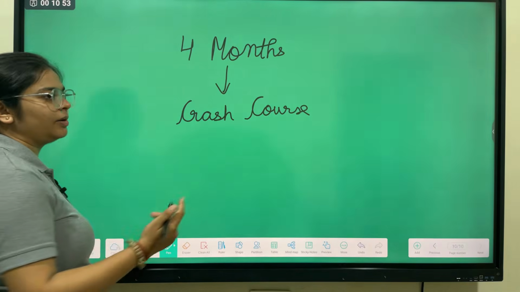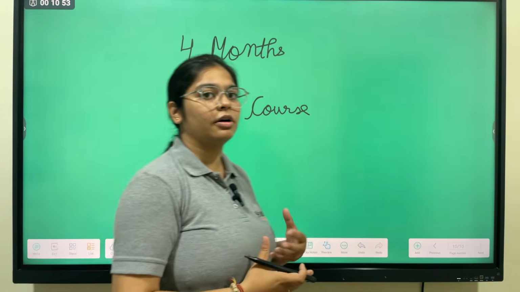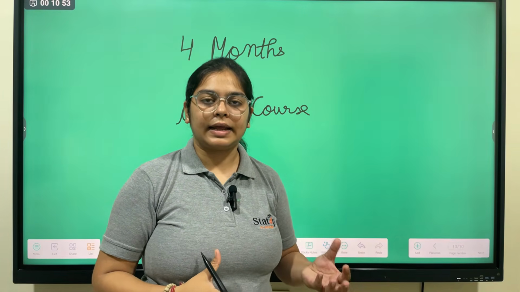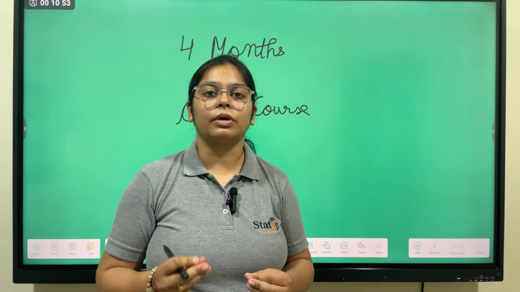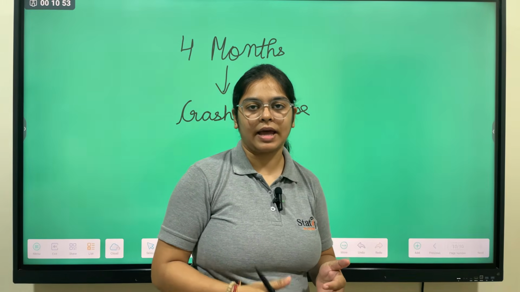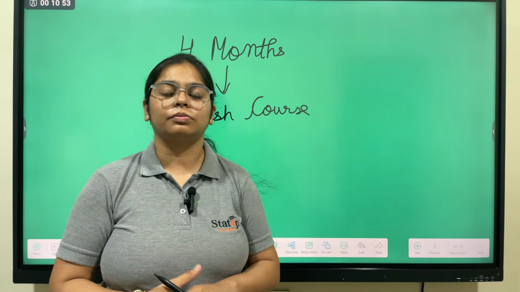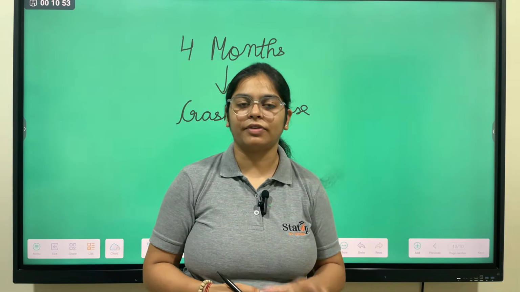For 4 months, we will be running a crash course. We'll be subjectively covering every topic in detail, and also the small important points, with a thorough explanation of everything.